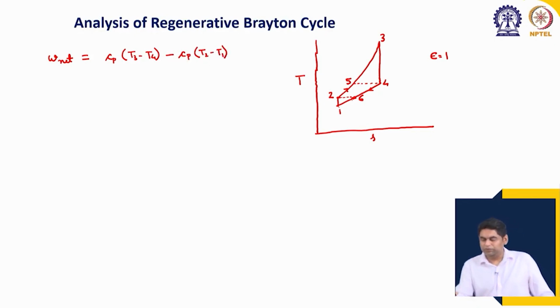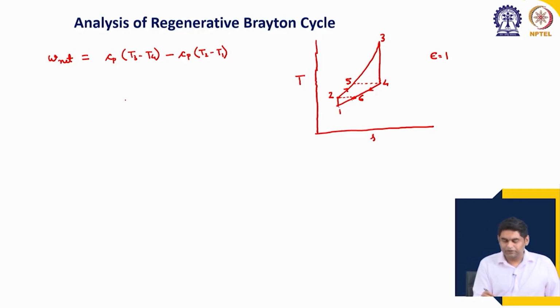Now, we can see that both of these have not changed. T3 minus T4 has not changed with or without regeneration, and T2 minus T1 also has not changed. Which means that the net work output remains the same for the regenerative Brayton cycle as compared to a simple Brayton cycle.